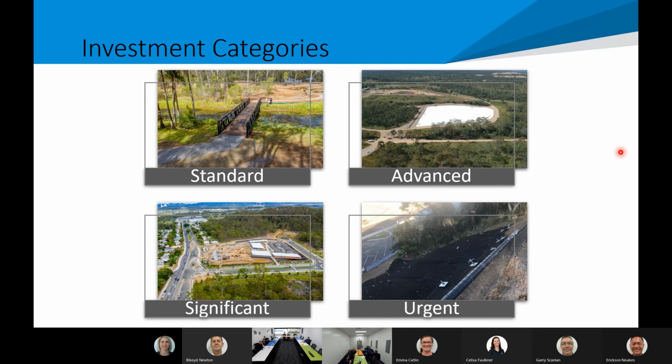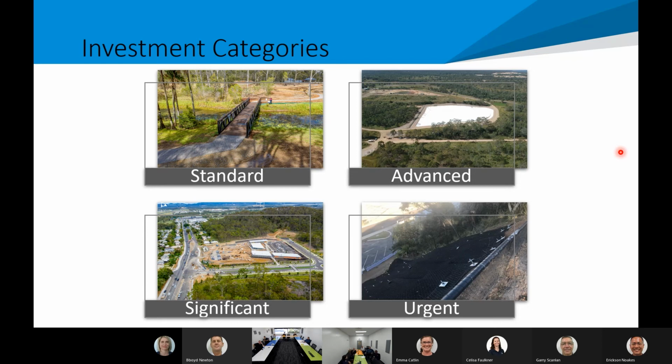So then we have the fourth category, which is urgent. So urgent is very much stuff that is unplanned. It might have been risk assessed as needing immediate action, but still needs elements of design and stuff to solve it. This urgent category isn't for stuff like if a water main burst, we're not going to run it through IDF, we're just going to go and fix the water main.